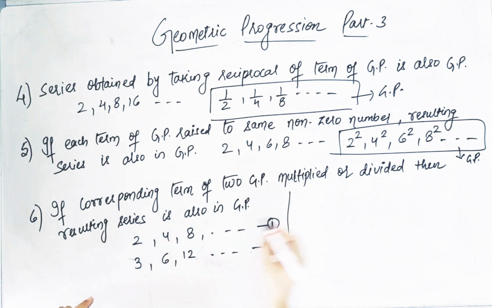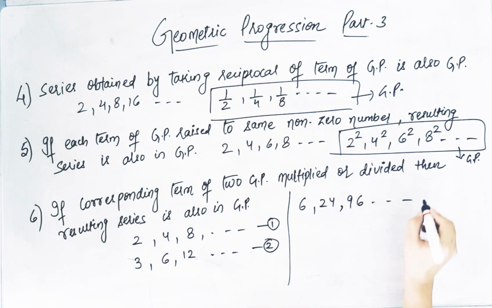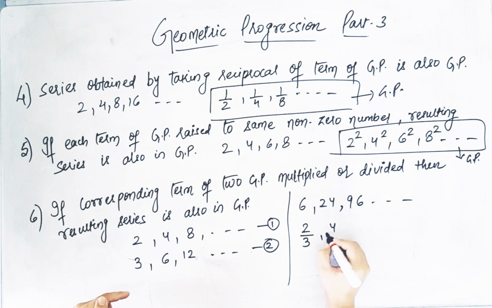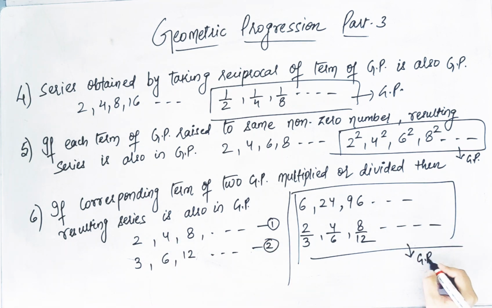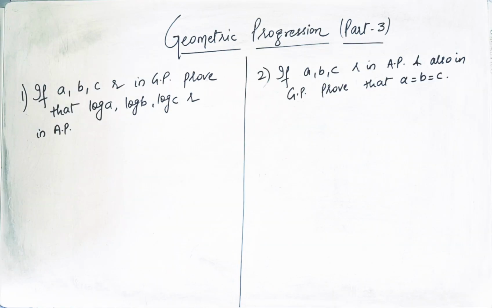So I'll get 2 into 3, 6, 4 into 6, 24, 8 into 12, 96. So if I am multiplying or dividing these two series, the resulting series of corresponding terms of 2 GPs will be in GP only.